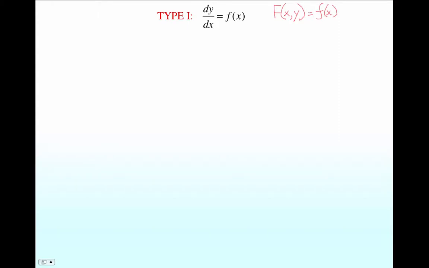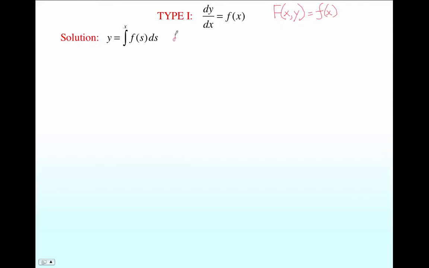In fact, you can write down the solution immediately. So it's the integral of f all the way up till x. The lower limit we'll talk about later. It'll just result in a constant which can be fixed by the initial conditions.